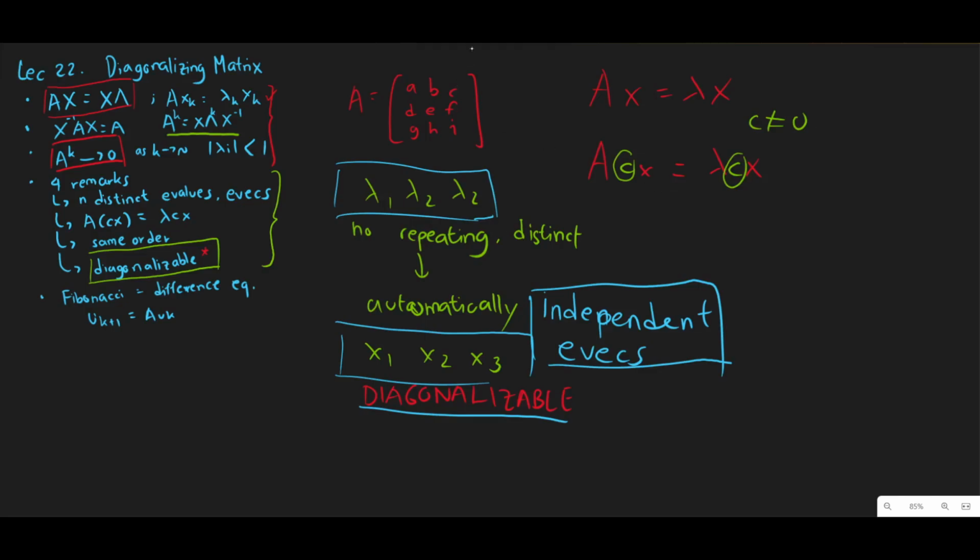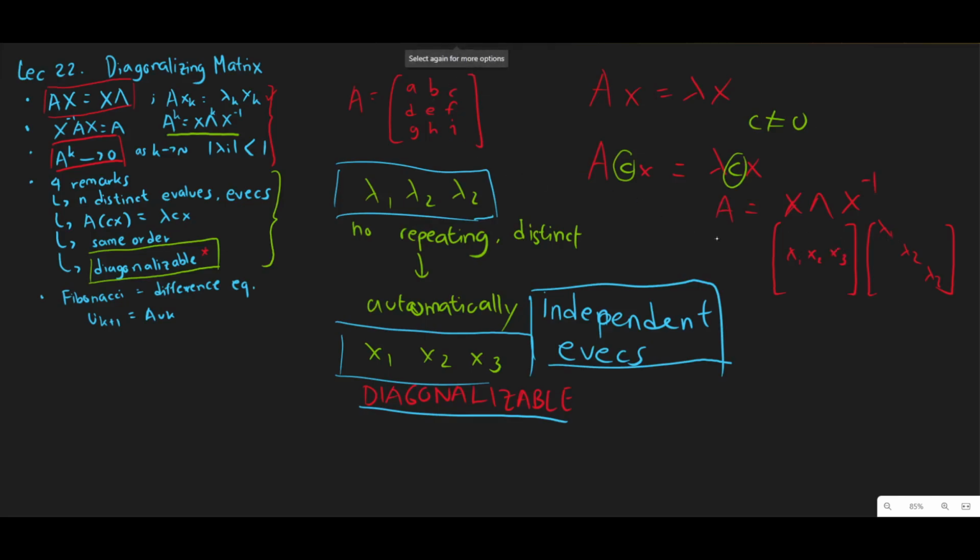Okay, and the third one is the same order. So what that means is, let me write it here. The x1, x2, x3, this is particularly useful when you're writing this form. You want to write the eigenvector matrix and the eigenvalue matrix. You have lambda in the diagonal position.